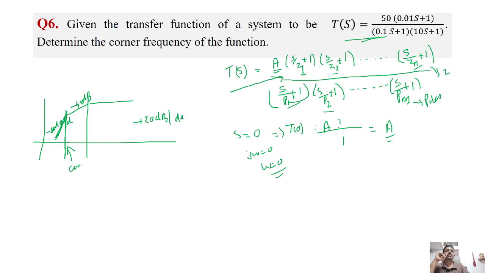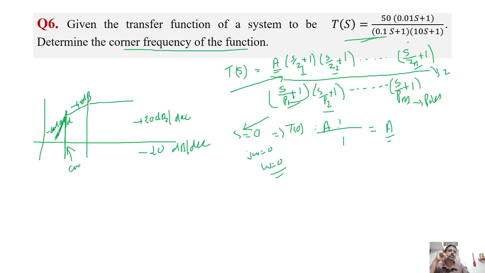So when the corner frequency is at zeros, Z1, Z2, etc. Zn, then the roll off will be plus 20 dB per decade, and when the frequency is at P1, P2, etc. Pm, the roll off will be minus 20 dB per decade. So that is what we have seen earlier. So here the question is to find the corner frequency of the function.